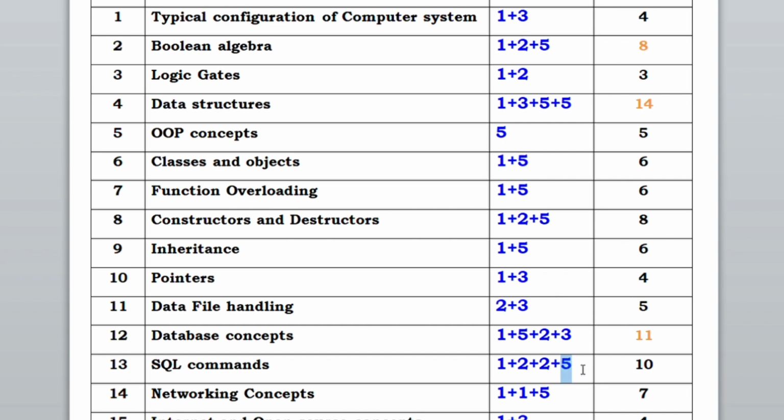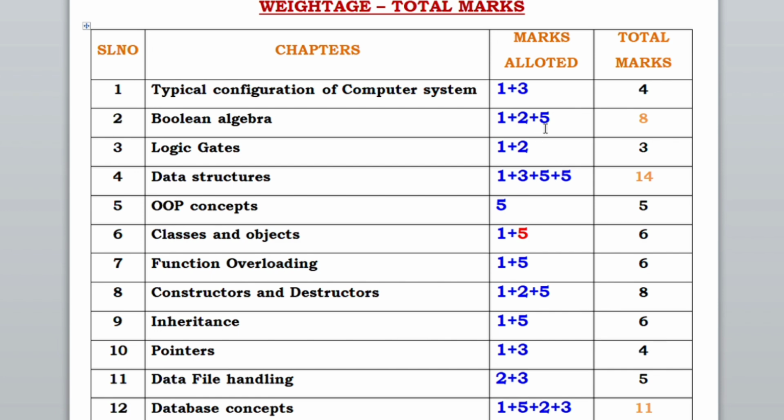So I can mark that in a different color. So this is the HOTS question, where you can distinguish from the color here. This is a HOTS question, and again from Boolean algebra it is a HOTS question.